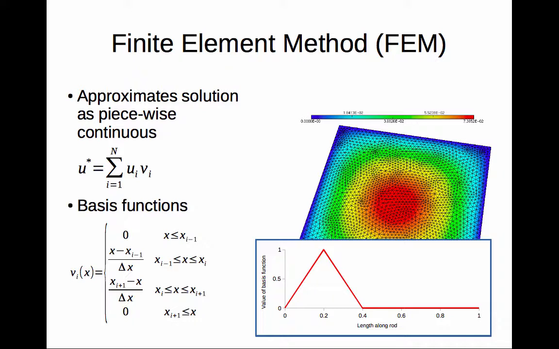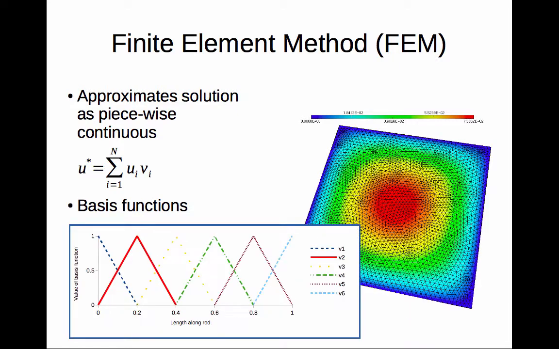So you have a continuous solution where the value at the node is 1. You can use that basis function to build up a solution where the value at each node is calculated, and then it's interpolated across the elements using a set of these basis functions.